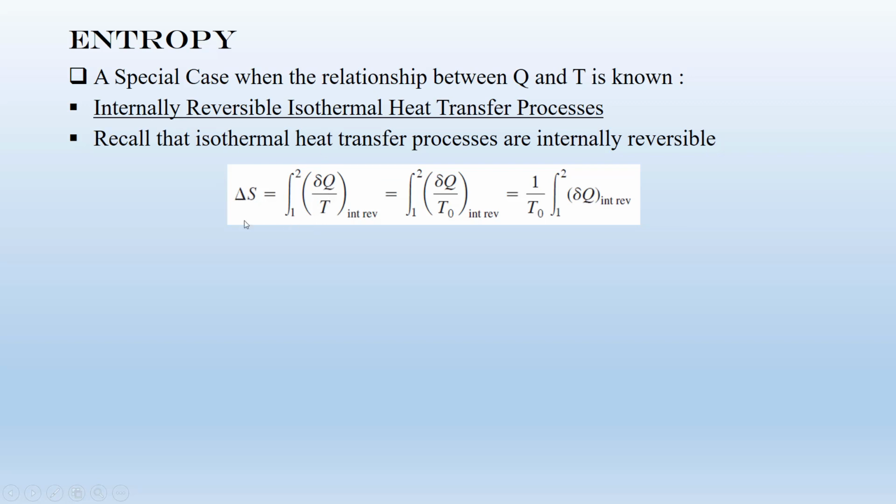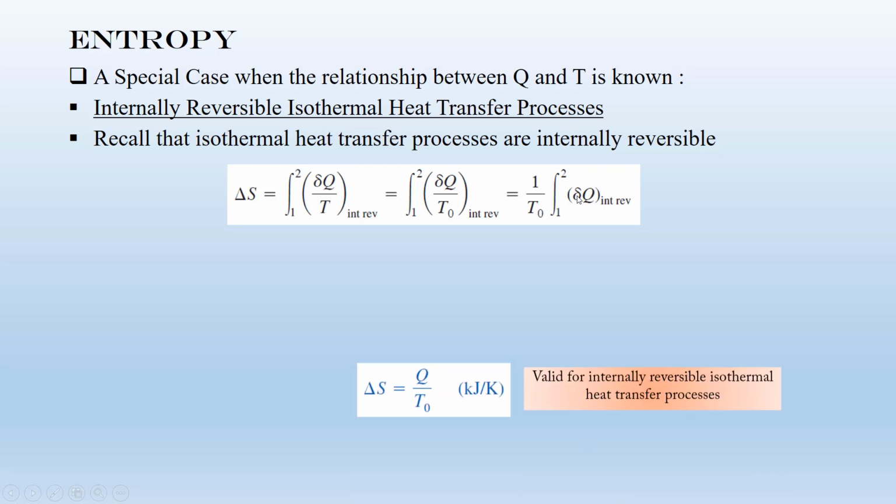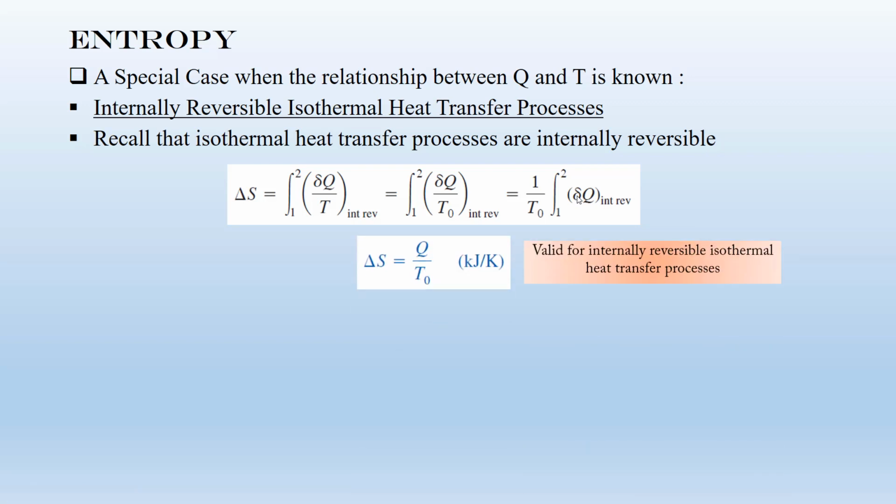Again, this part of the equation is valid just for reversible processes. So for this process, it's internally reversible, so you can write this equation, and this is an isothermal one, so the temperature is constant. And then you can bring the temperature out, and this integral will be Q, and then you can write delta S equals Q over T naught. This equation is valid for internally reversible isothermal heat transfer processes.